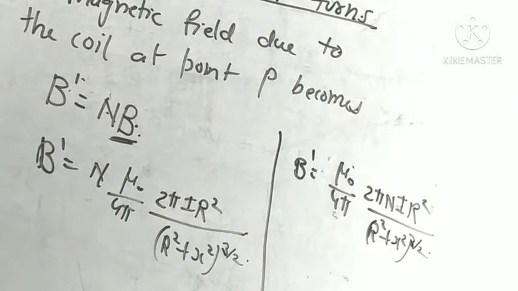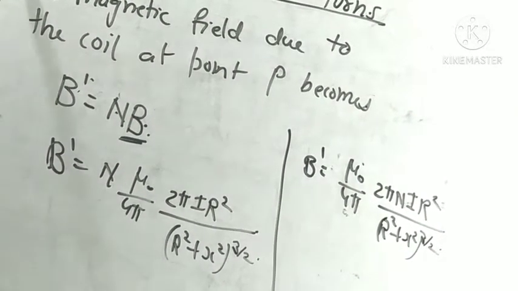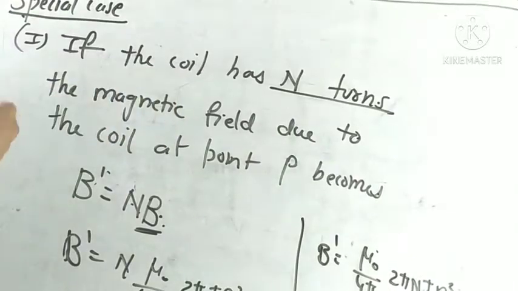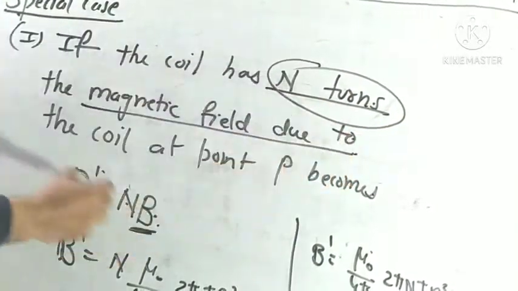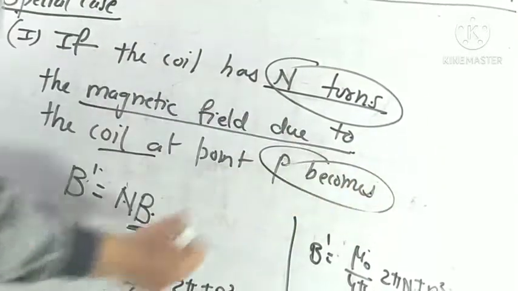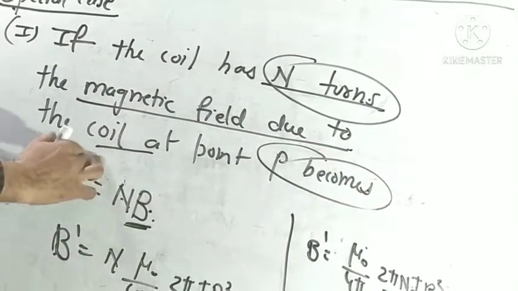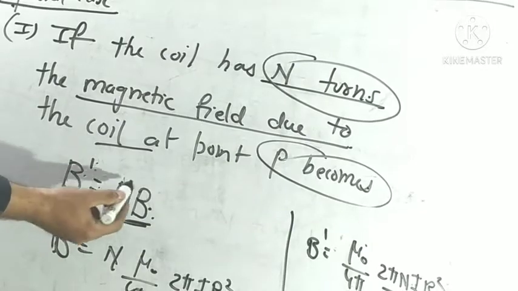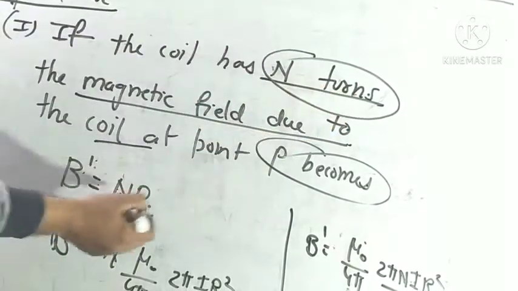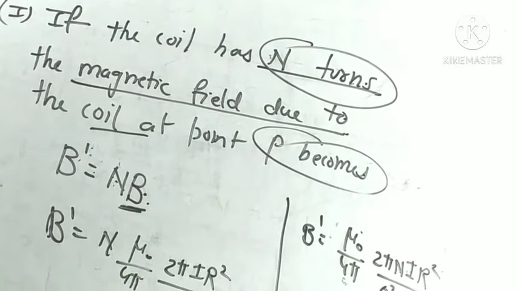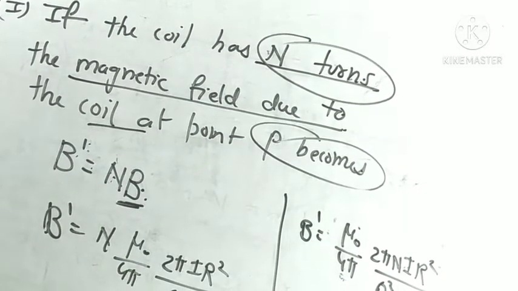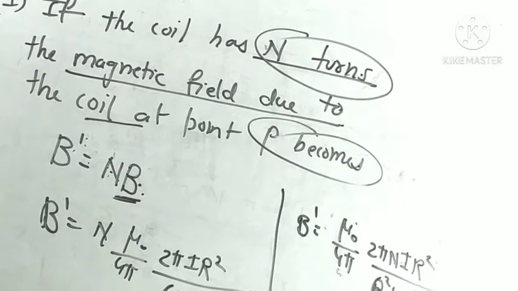This is the first special case: if the coil has N turns, the new magnetic field at point P is N times the magnetic field at point P due to one coil. Now we discuss the second case.